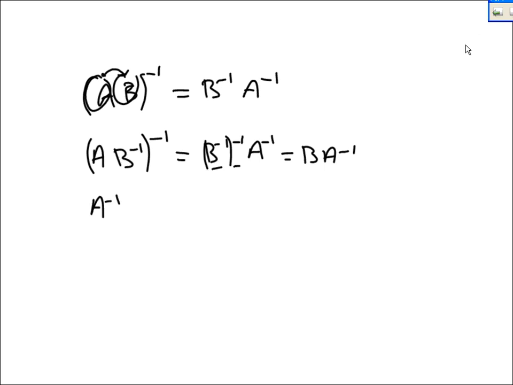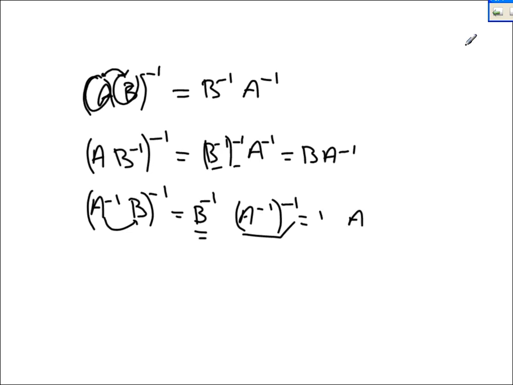If the first matrix was inverse, but not the second, not a big deal. You switch the order, you have B, A inverse, and then you inverse each of them. But A inverse inverse is A, and B inverse is to the left. Of course, if they were both inverse, it's not a big deal. You switch the two things. Oops, I didn't write inverse.